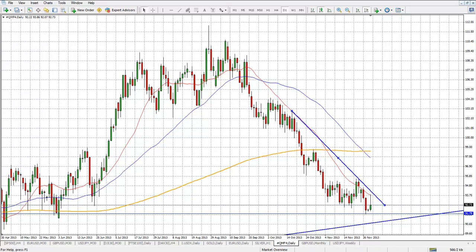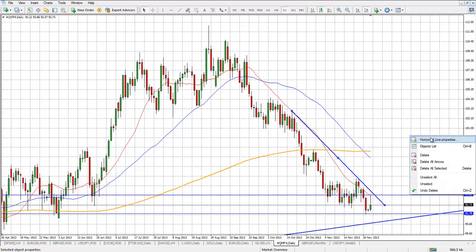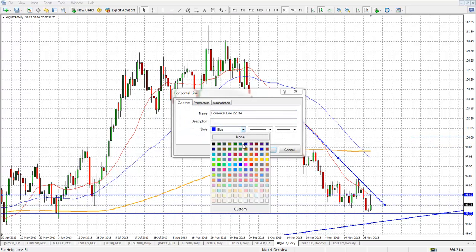If we break higher than that resistance, so what I'll do is I will change the color of this quickly and make that nice and red so we know it's resistance.